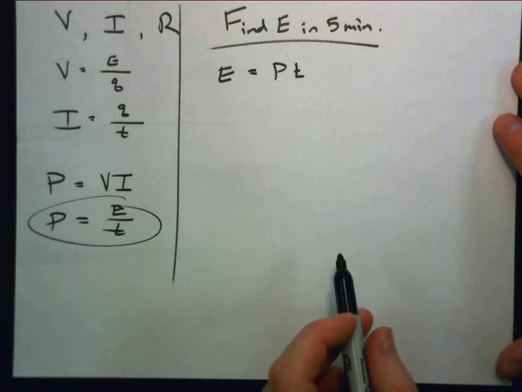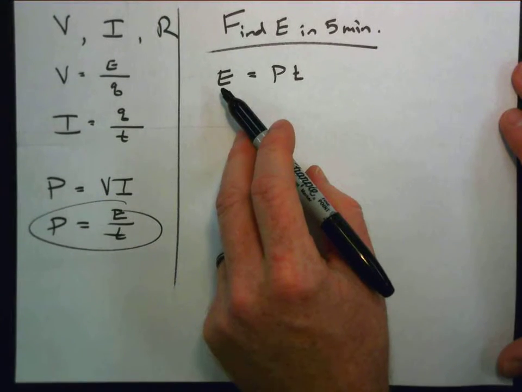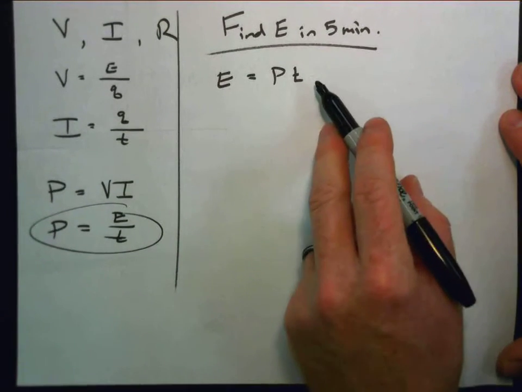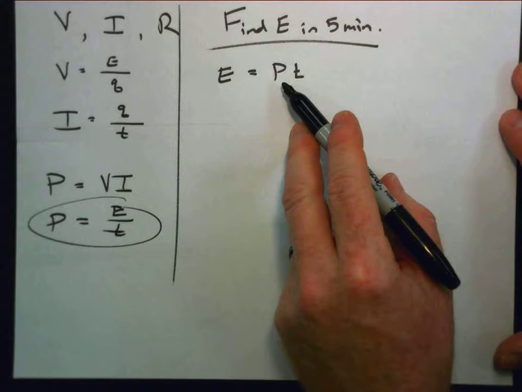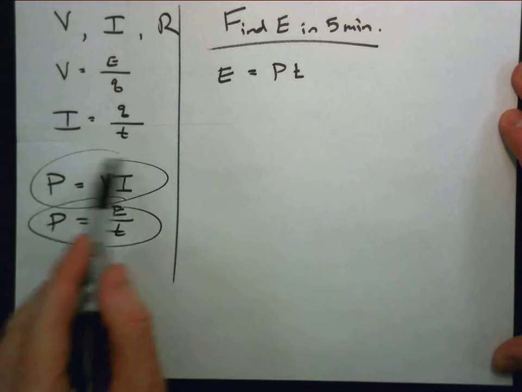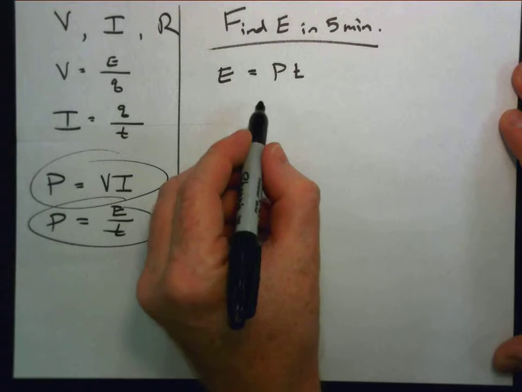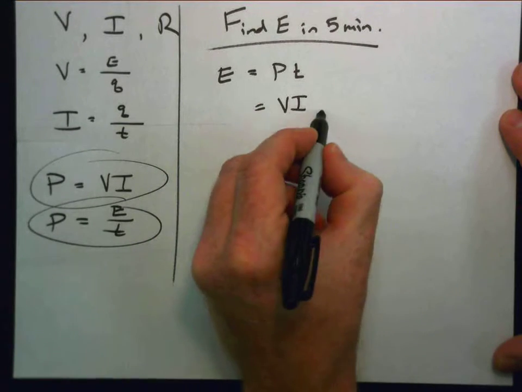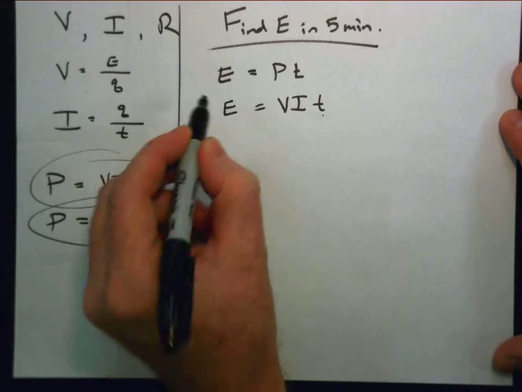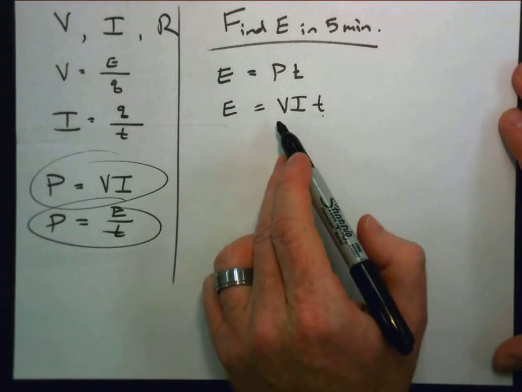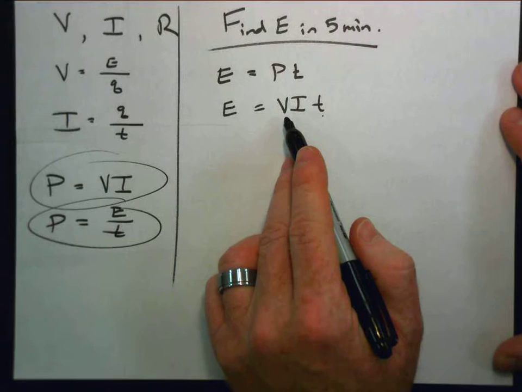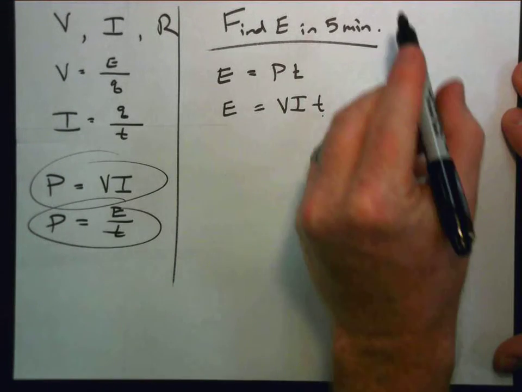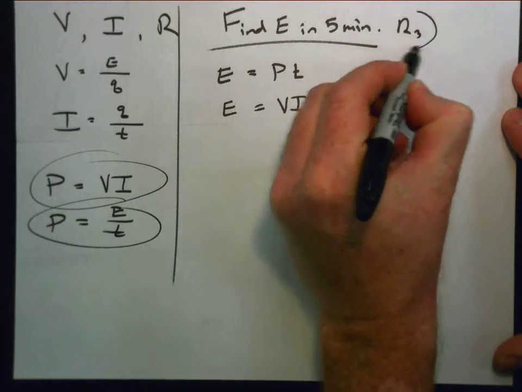Okay, and energy is my goal. Well, I have a time, 5 minutes. I need a power. Well, a power is coming from this guy, voltage times current. So voltage times current, and I have to do the times time. There's energy. So do I know the voltage drop across resistor 3? Remember, I'm only doing this for R3.